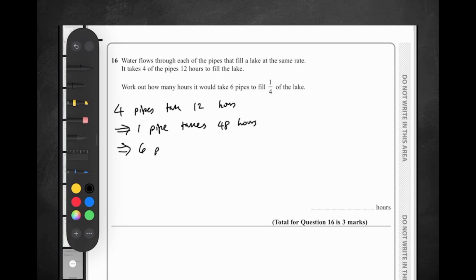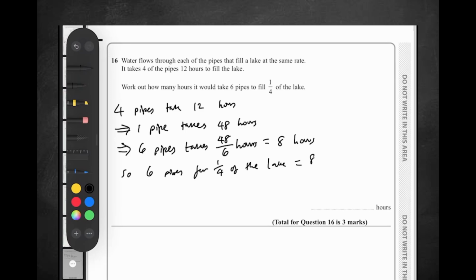Therefore, 6 pipes would take 48 divided by 6 hours, which is 8 hours. So 6 pipes for 1/4 of the lake is 8 hours divided by 4, which is 2.